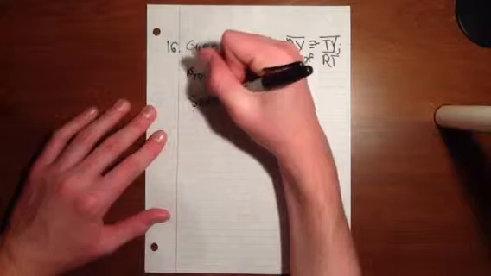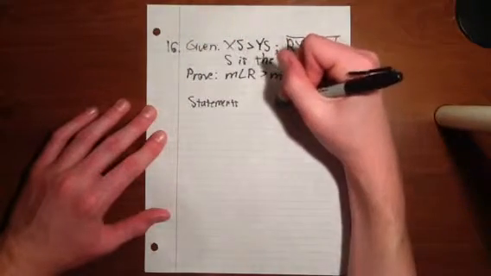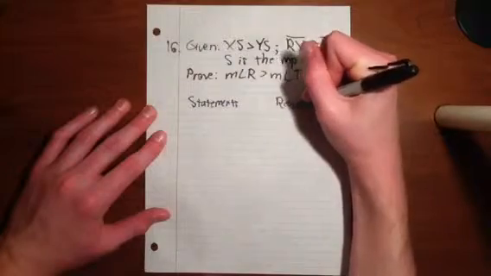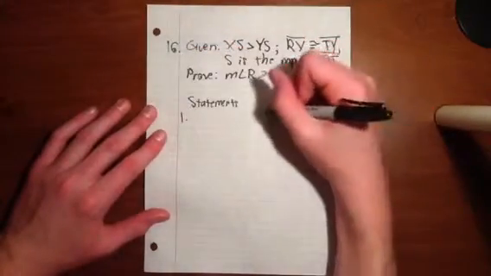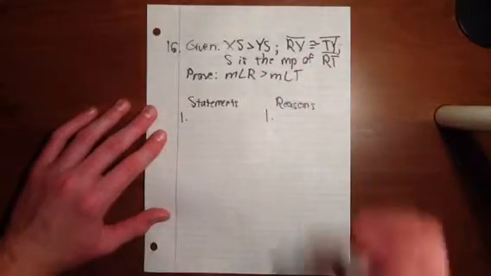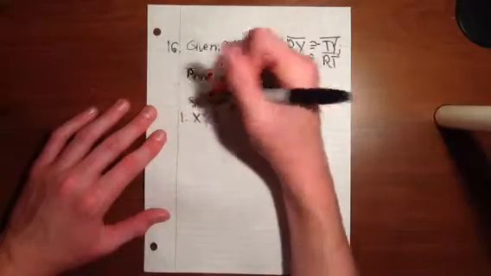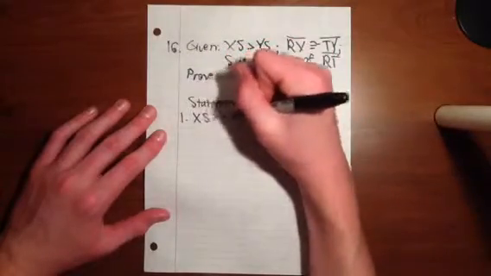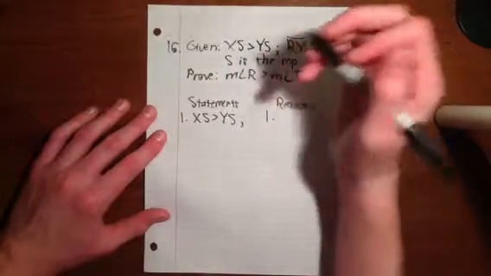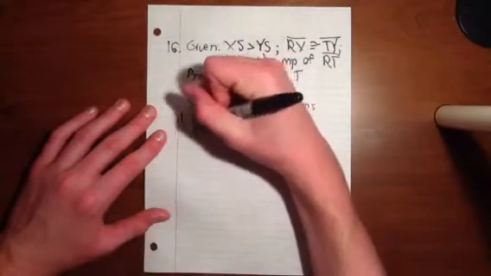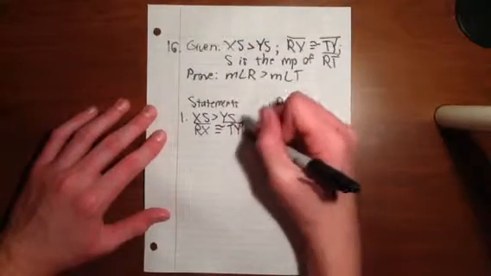Now we set up the proof. So we start with the statements, which are on the left, and the reasons, which are on the right. First, we just basically reiterate what was given. So XS is greater than YS. Segment RX is congruent to segment TY.